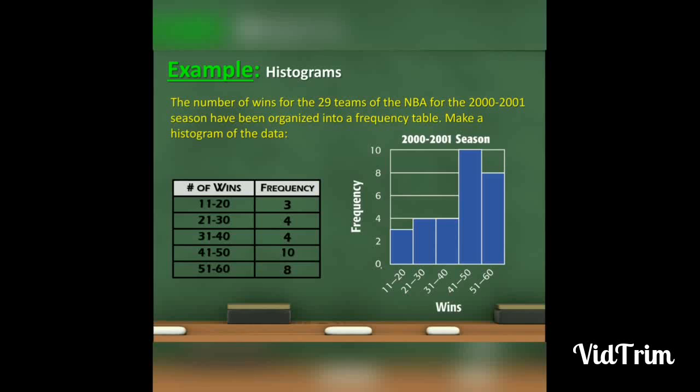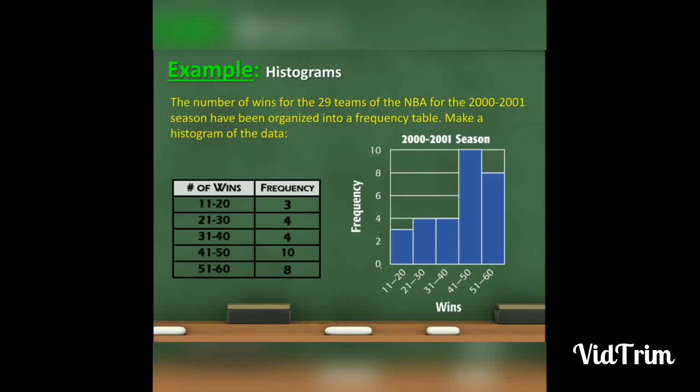We can see that the upper limit of the interval is equal to the lower limit of the next interval, making it continuous. As it continues, the first group would mean 11 is less than or equal to the wins of a team, which will be less than 20 wins.